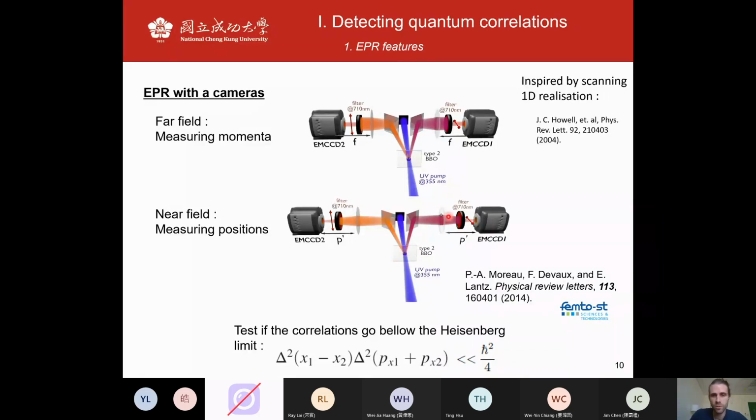We show those in different colors, but they are really at the same frequency, 710 nanometers. Then you use two mirrors to send those two beams, which have an angular separation in their propagation, to those two cameras. Each of those two beams contains the entangled photons. So here you measure their position. In another setup, you measure their momenta.